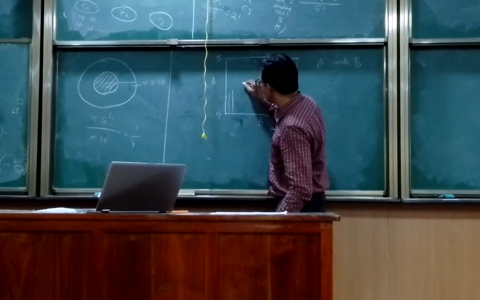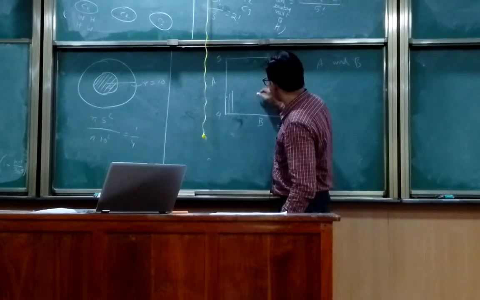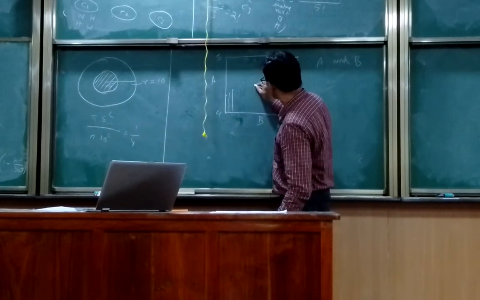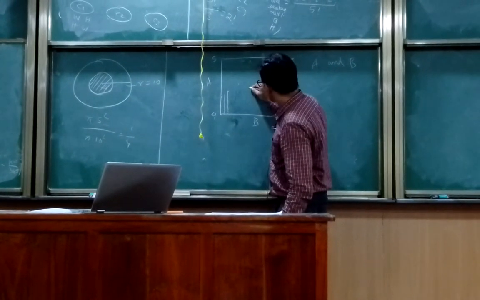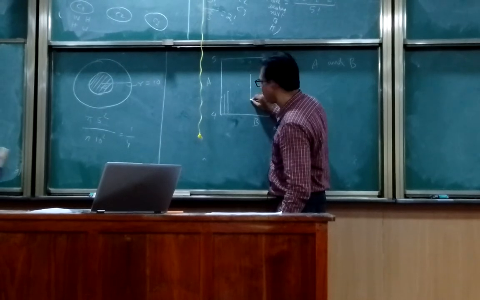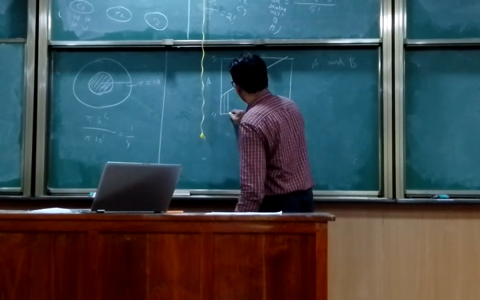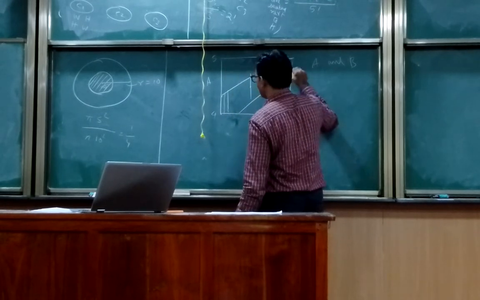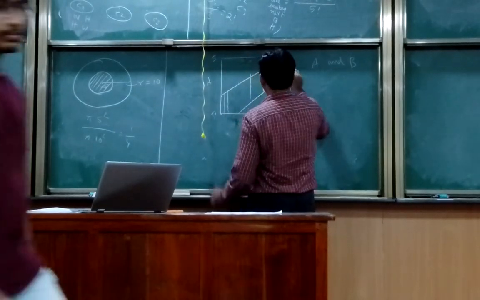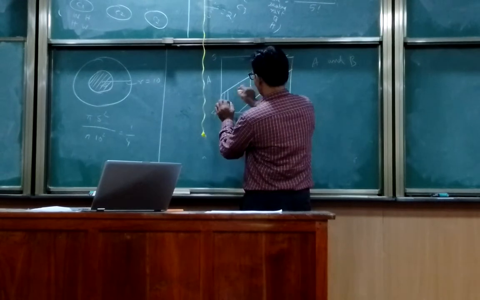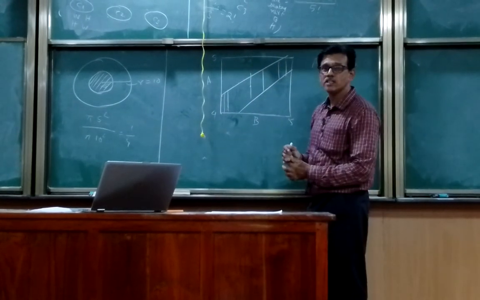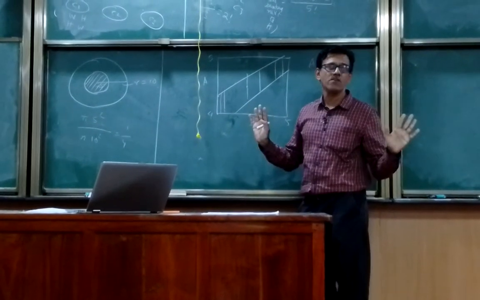So it should be clear that for any arrival point of B, 15 minutes ahead and 15 minutes below is allowed. Which means the area we are looking at is an area of this kind, and if the arrivals fall within it, they will meet. Otherwise, they will not meet.